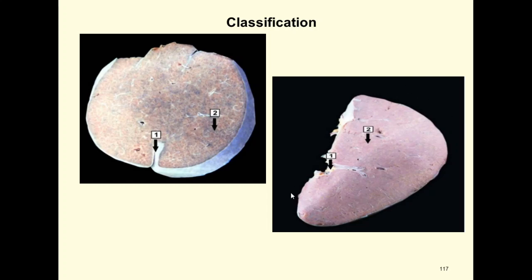And the last one, lardaceous spleen, has a unique appearance: mostly the whole spleen, instead of dark red, becomes whitish yellowish.